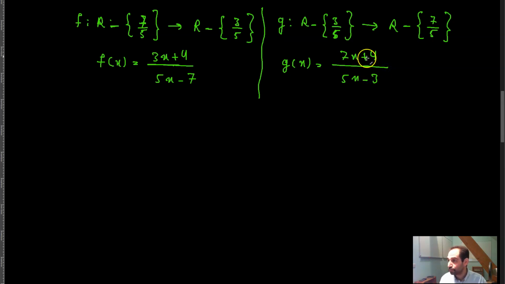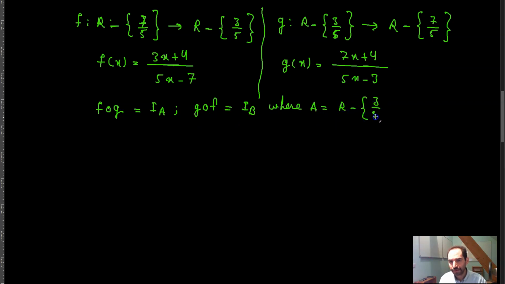Now, then FOG has been defined as I of A, and GOF has been defined as I of B, where A is equal to R minus 3/5, and B is equal to R minus 7/5, right?